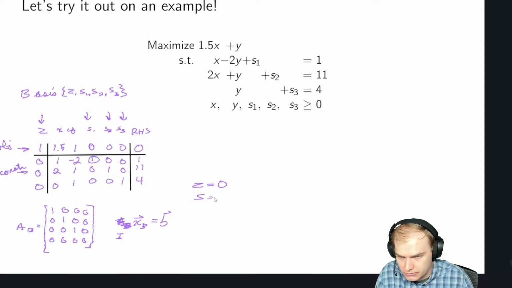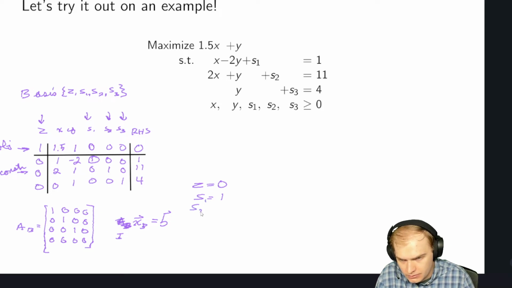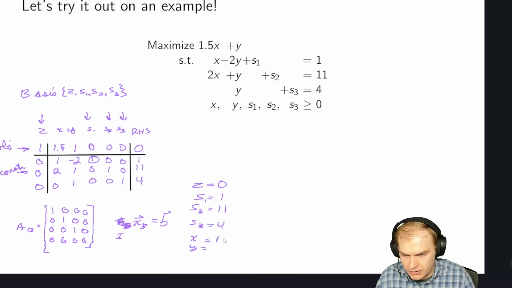S1 equals 1. S2 is 11. S3 equals 4. And X and Y were both non-basic, so they are both 0.